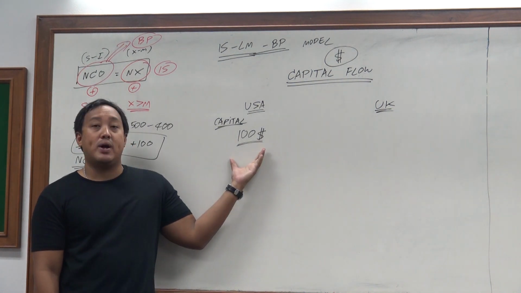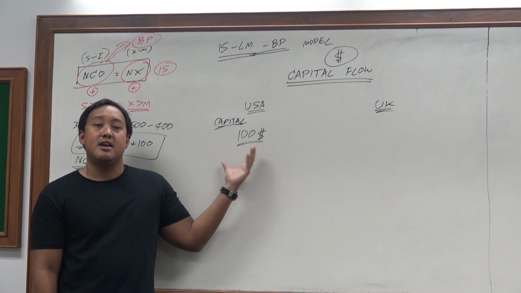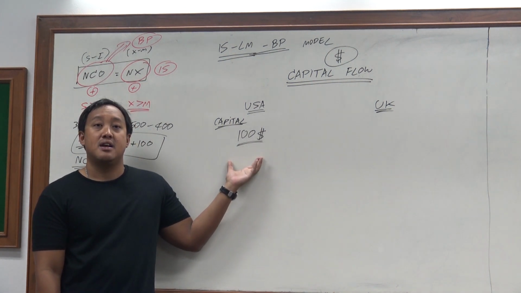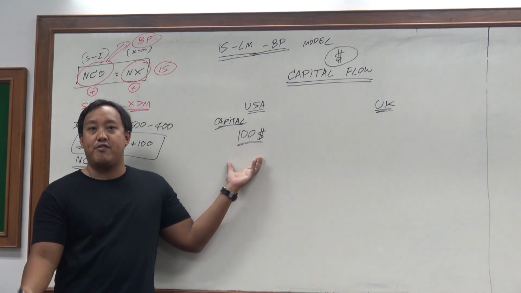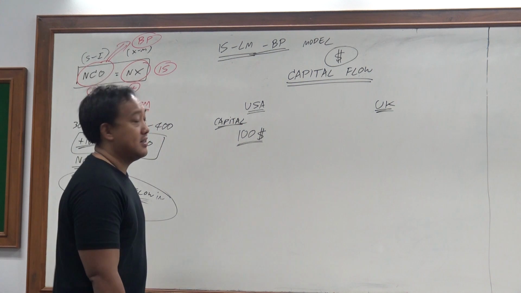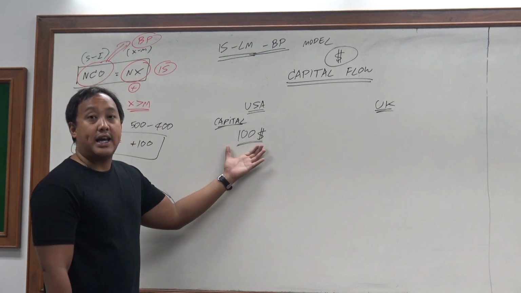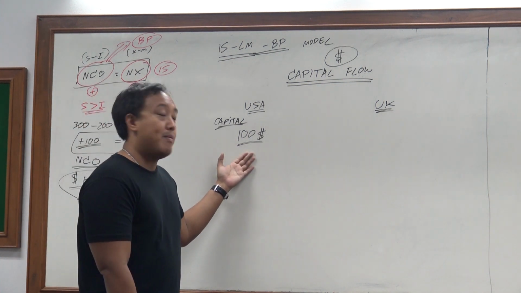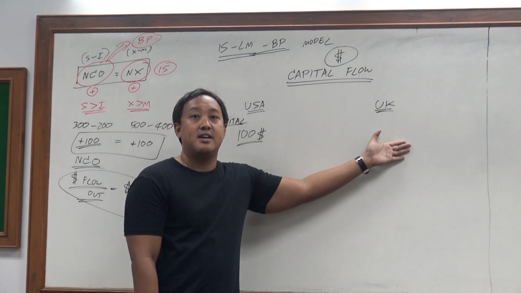If the people save money equal to $100 million, then the question is, how are we going to make the most profit from this money? We're going to have a choice. We're going to keep this money in USA, or we're going to move our money to UK.